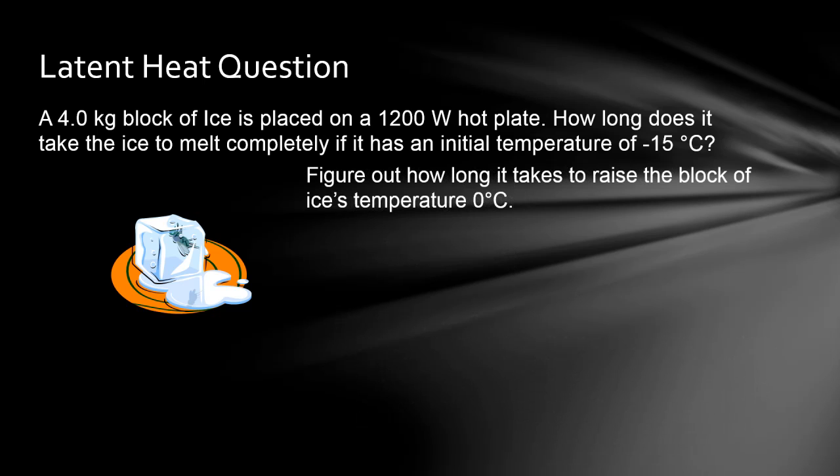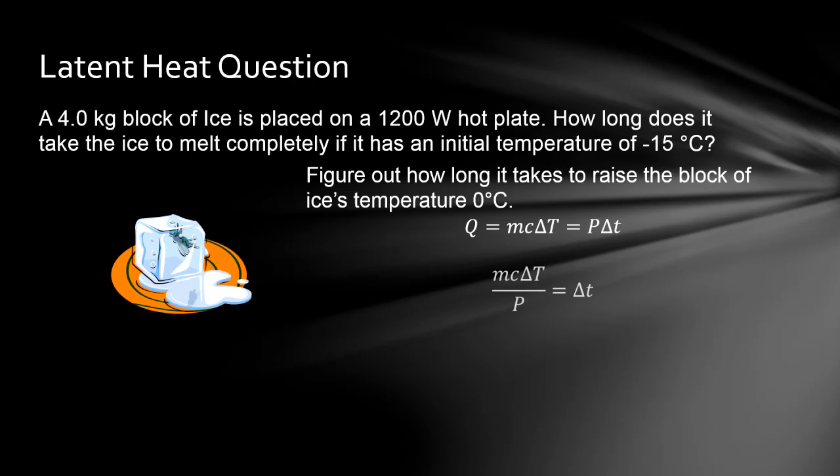So to figure out how long it takes to raise the block of ice's temperature to 0 degrees Celsius, we're going to use the specific heat capacity equation, and set it equal to the heat energy. And in the last slide, we said the heat energy was also equal to the power times the time.